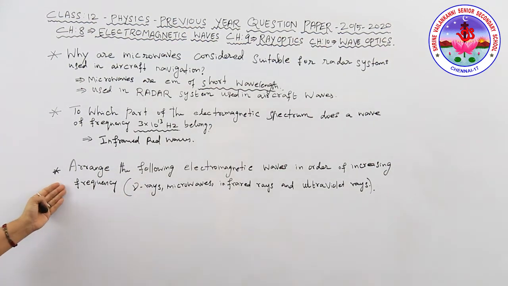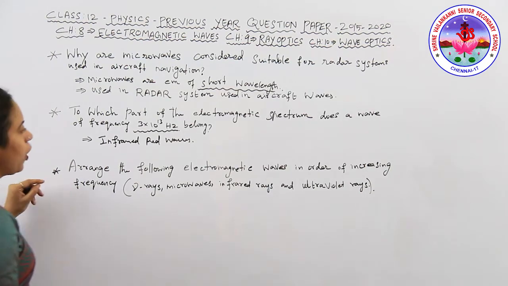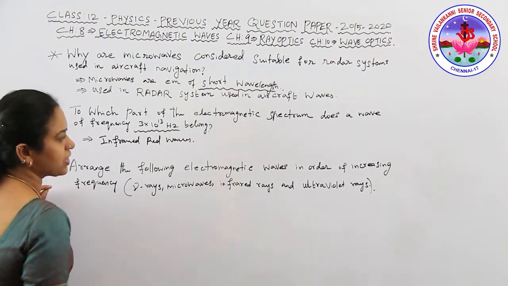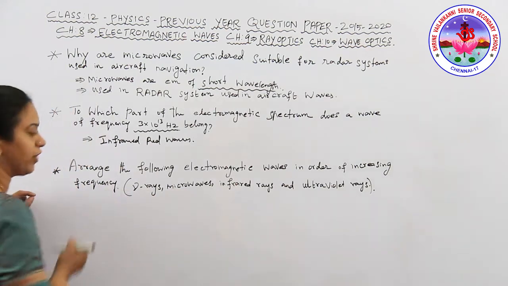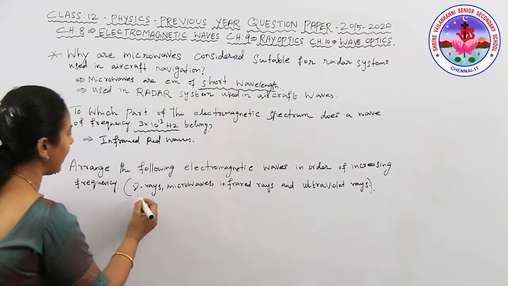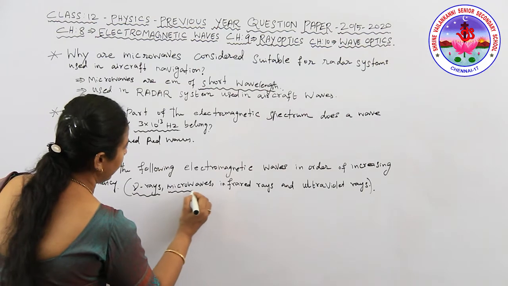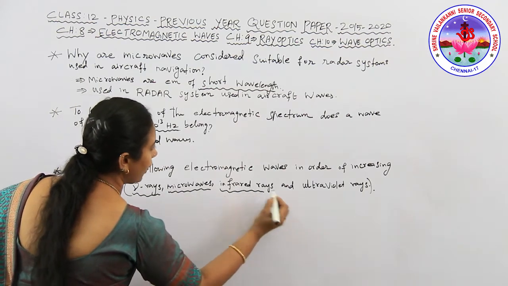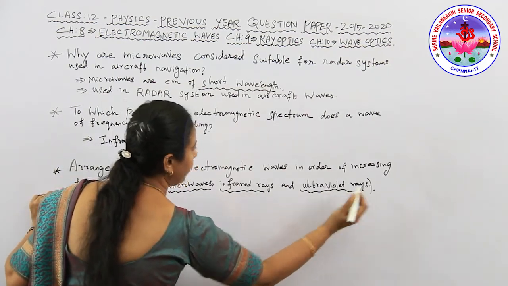Next question: arrange the following electromagnetic waves in order of increasing frequency. They have given gamma rays, microwaves, infrared waves, and ultraviolet rays.